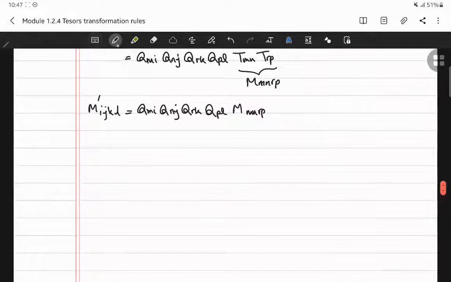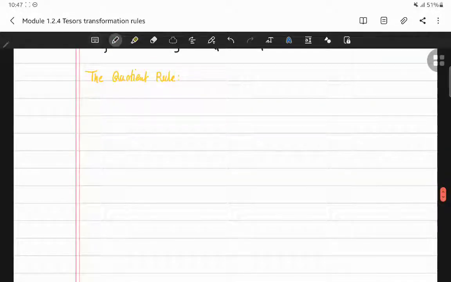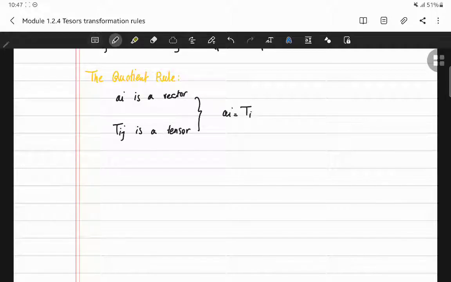Now we move to the last rule, which is the quotient rule. And this rule actually states that if you have, let's say, A_i is a vector, and if T_ij is a second order tensor, or simply a tensor, then you can conclude that A_i is equal to T_ij B_j.